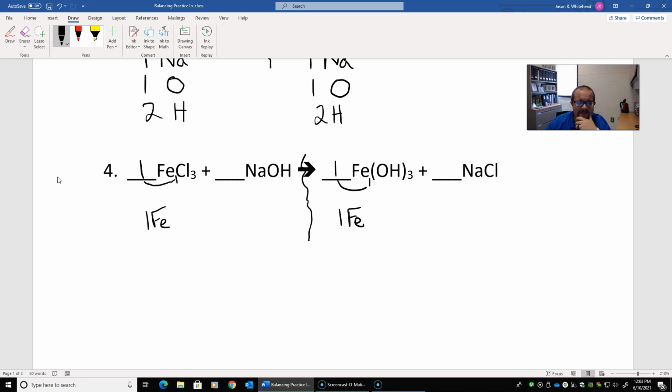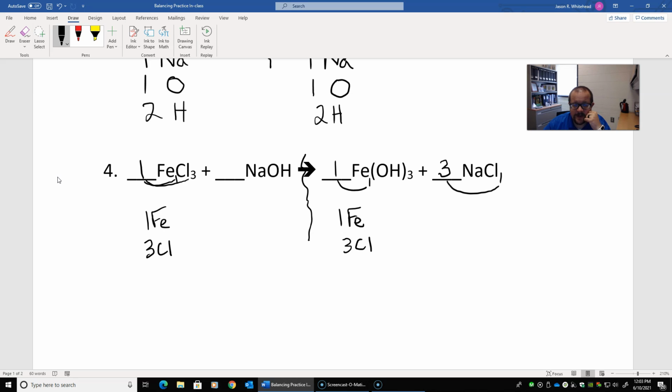Now if I go back to the left, 1 times 3 is going to give me 3 Cl's. If I go to the other side, to get my 3 Cl's, I'm going to have to put a 3 in front of NaCl. That 3 multiplies in, 3 times 1, I get my 3 Cl's.